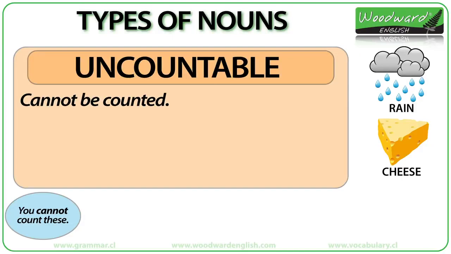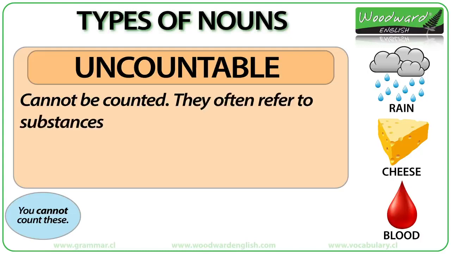You can count slices of cheese, but then you're counting slices, as in 1 slice or 2 slices and not cheese. The same with blood. Blood is uncountable. You can count drops of blood, but then you're counting the number of drops, 1 drop, 2 drops, and you're not counting blood.